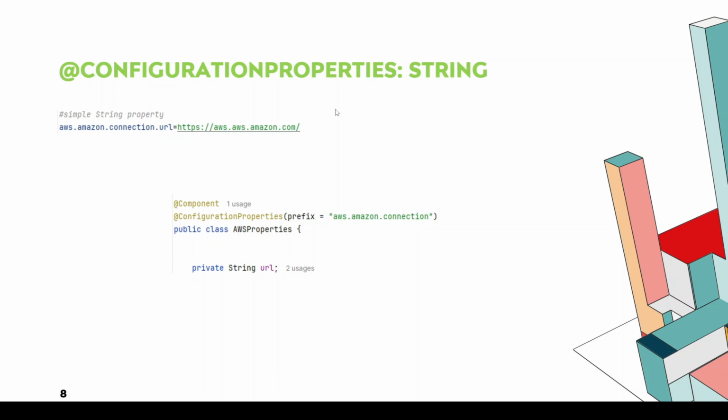Let's look at string. We put a string and read the string value. So same prefix. We have the class with the same prefix with this annotation. Only we need to add one more variable.